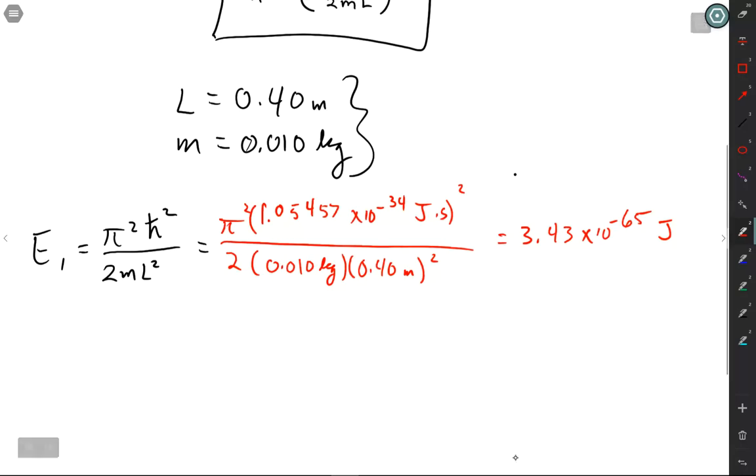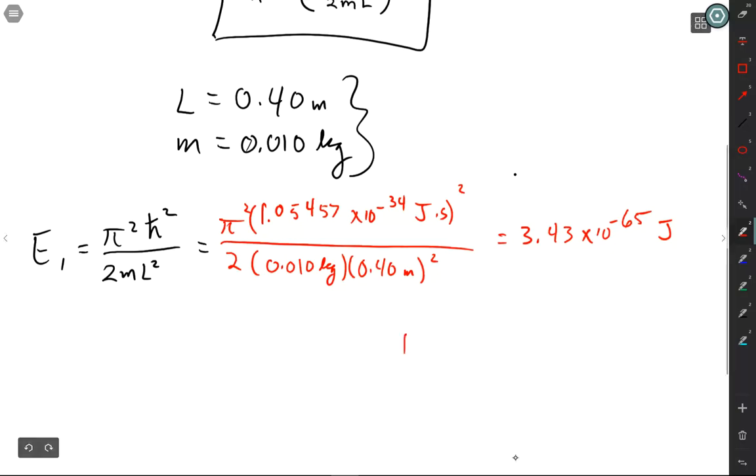Now, just to give us a rough ballpark to see if she's right, we can do it in our heads. This is approximately 10 to the minus 34 squared, which would be 10 to the minus 68, times pi squared, which is approximately 10, so that makes it 10 to the minus 67 on top. And then the bottom is 10 to the minus 2 times 1.6 times 10 to the minus 1. So if you put it all together, you have about 3.2 times 10 to the minus 3 on bottom.